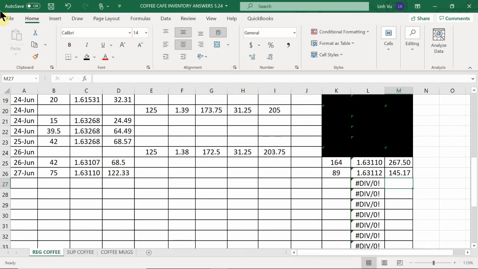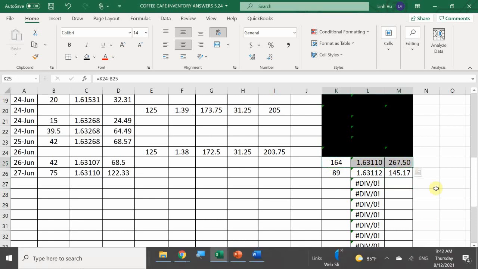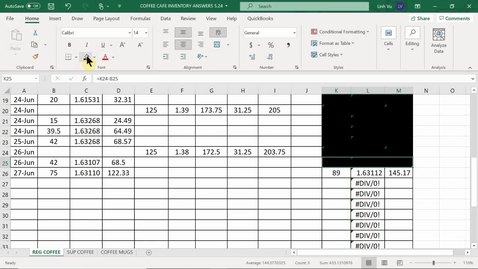So it's fluctuating up and down here by that thousandth of a penny. Everybody good so far with that?